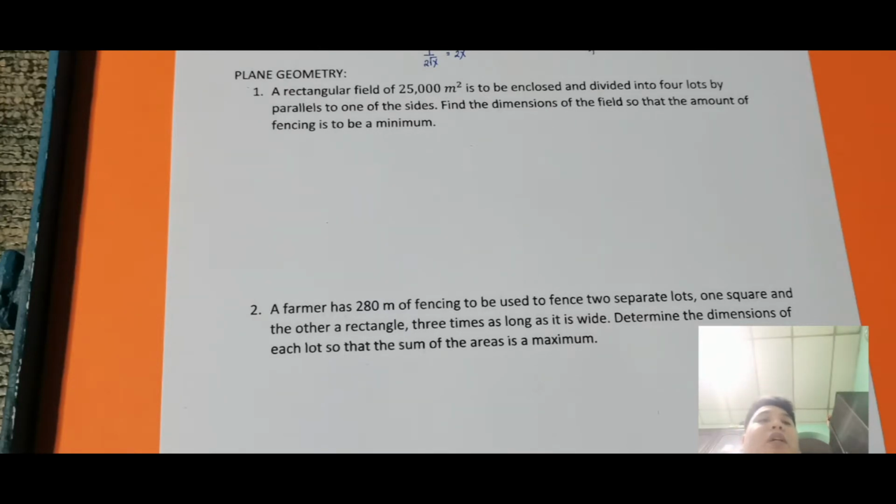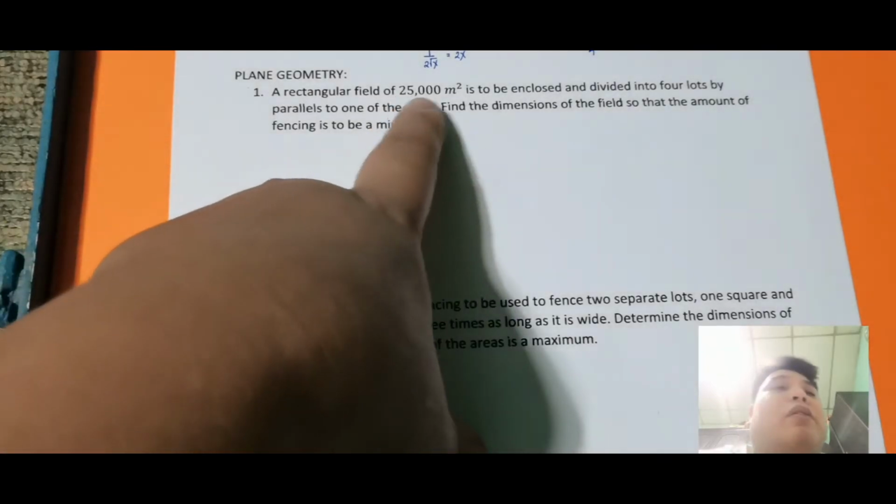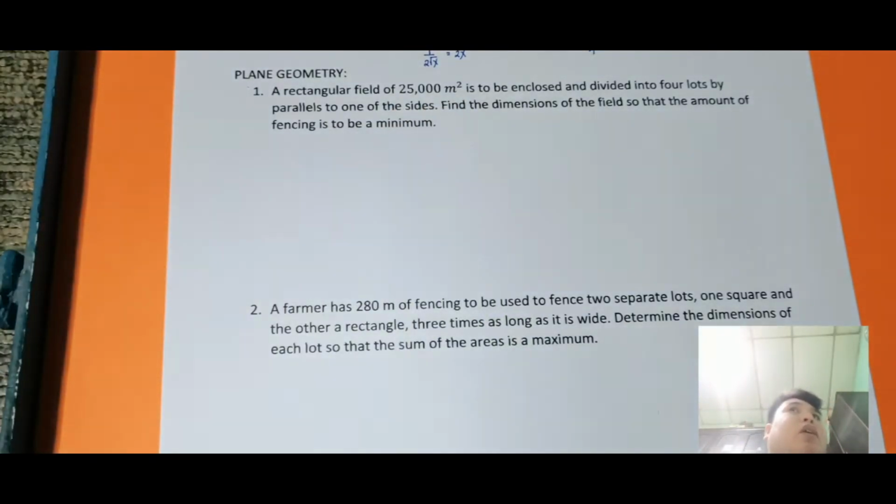So meaning since given is 25,000 meter square, obviously yun yung area ng buong rectangular field. Okay, so given yung area.